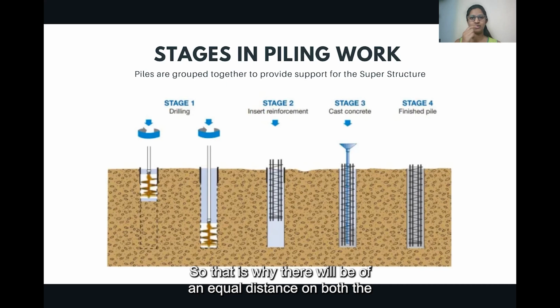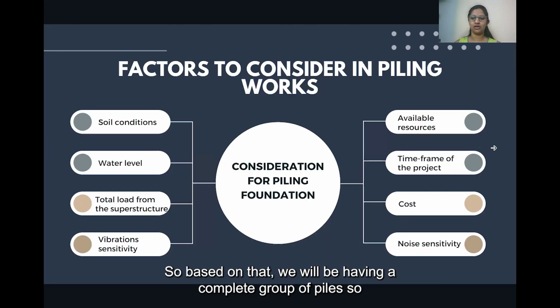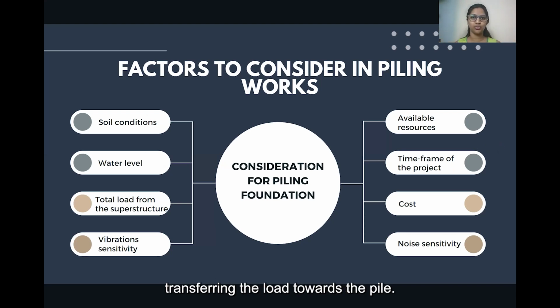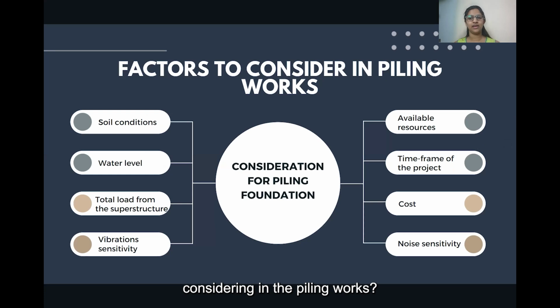That is why they will be at an equal distance on both sides, in both the X and the Y axis. Based on that, we will have a complete group of piles, so that we will have a pile cap coming right above it, and that will be transferring the load towards the piles.